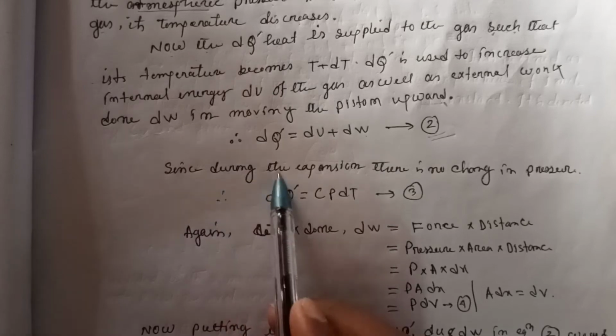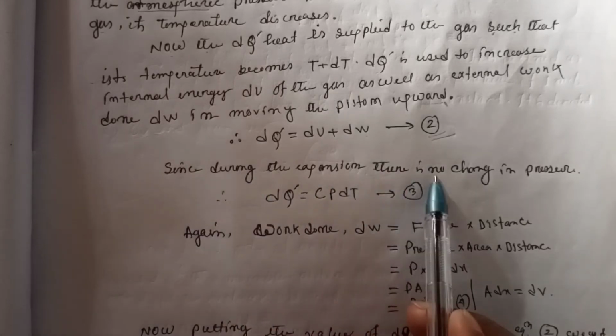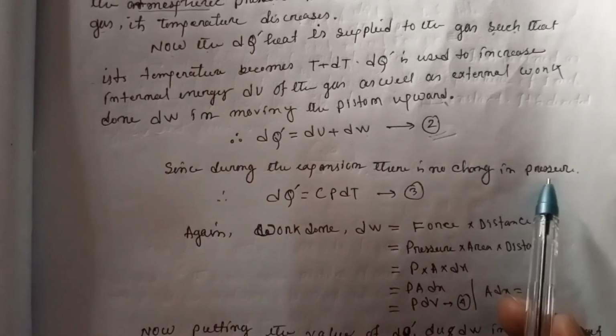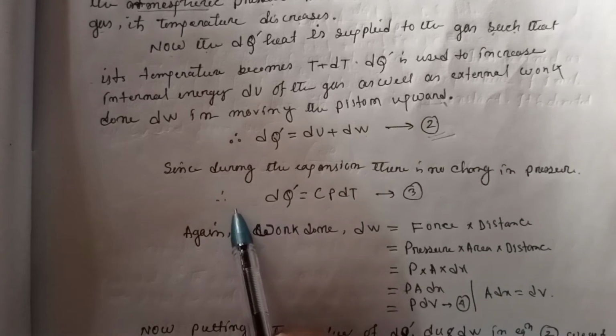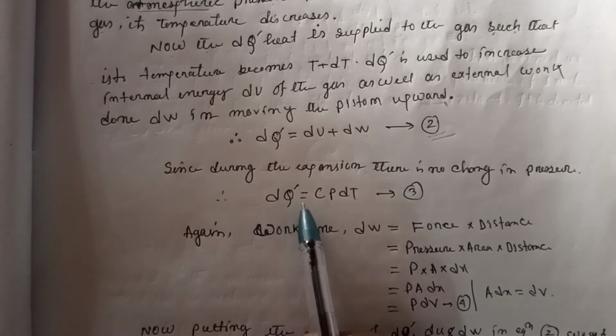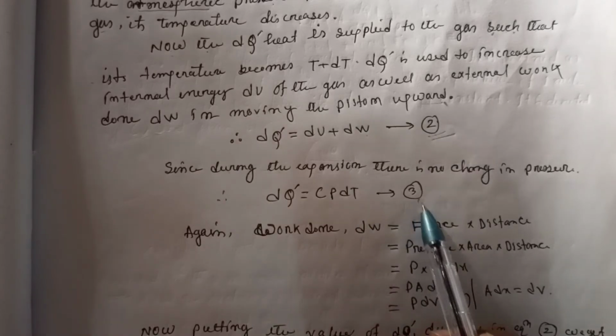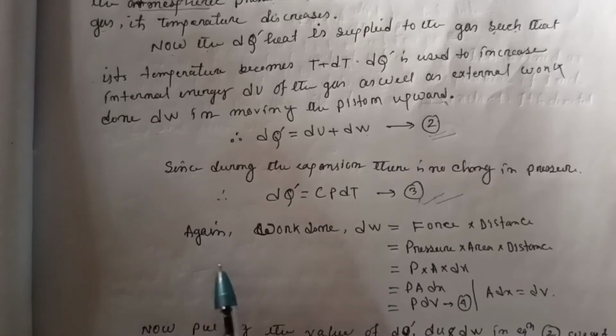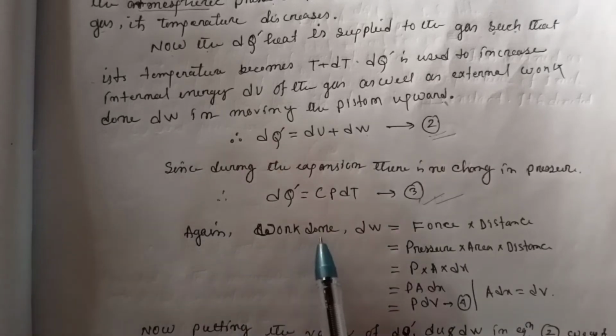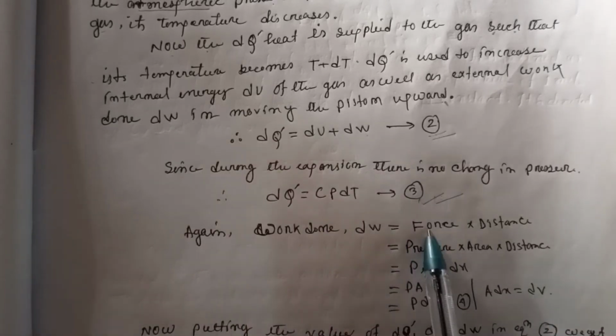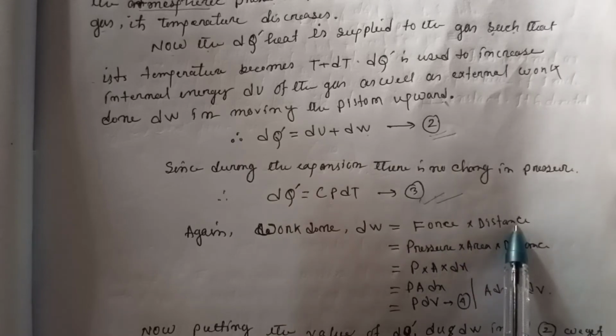Since during the expansion there is no change in pressure, therefore we can write dq dash equal to Cp dT, which is mentioned as equation 3. Again, we know that work done dW equal to force into distance.